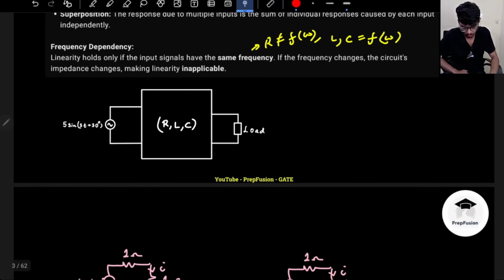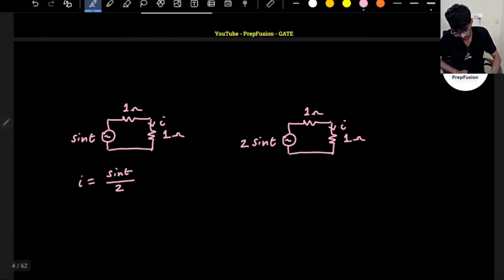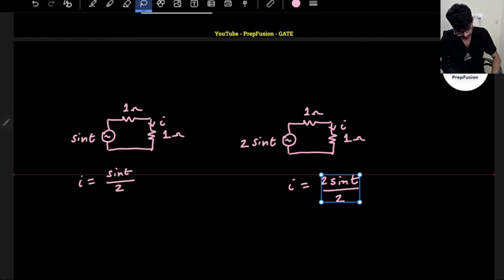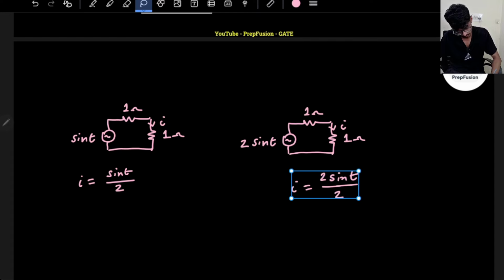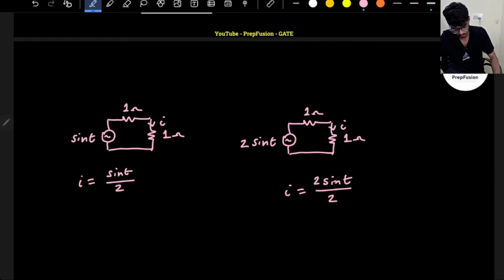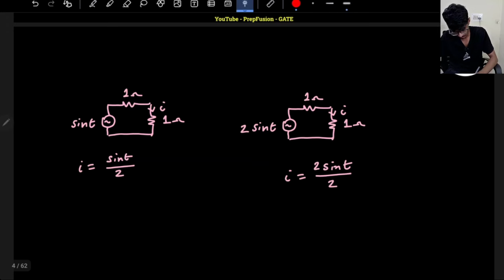So if I double it, current will be 2 sin t divided by 2. So that is the current, and current basically doubles.